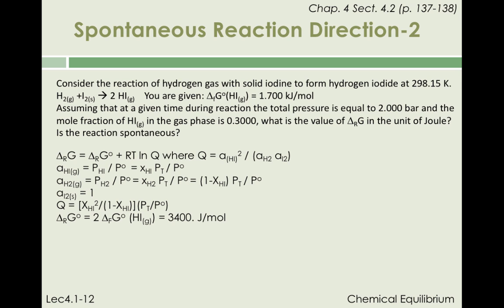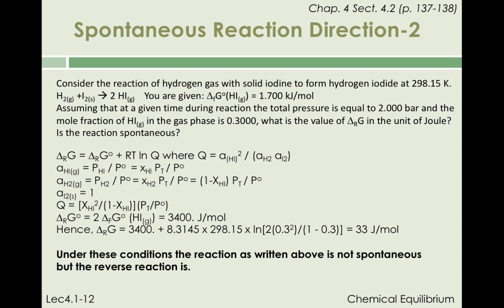Calculations follow exactly the same path as on the preceding slide, except that now ΔrG is given by 3400 joules per mole plus 8.3145 joules per mole per Kelvin times 298.15 Kelvin times the natural log of 2 times the square of 0.3 divided by 1 minus 0.3, equal to plus 33 joules per mole.